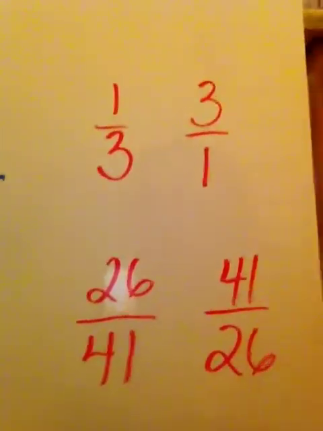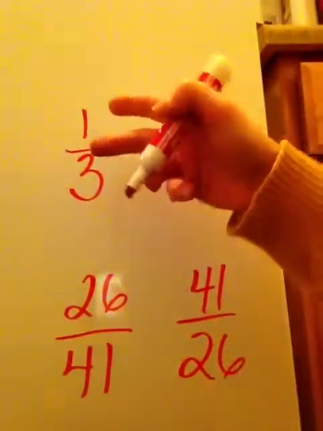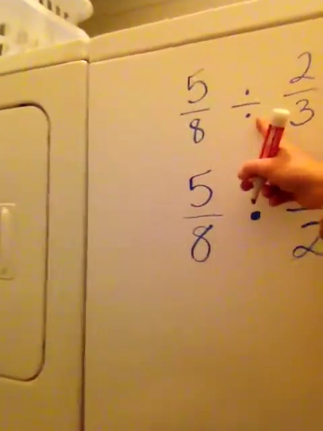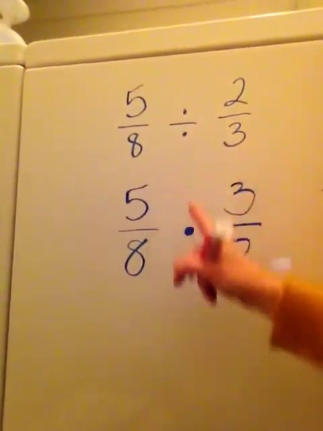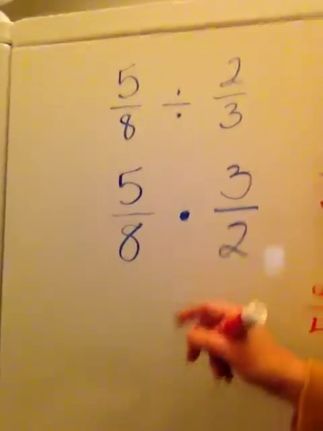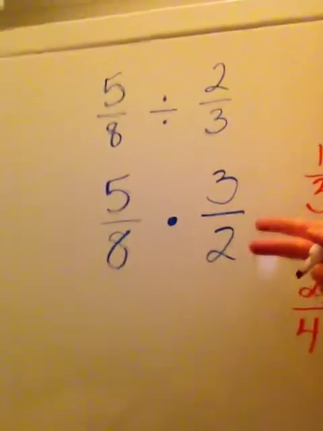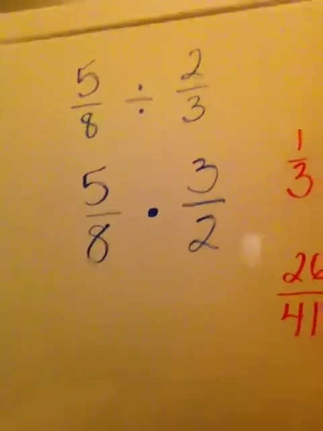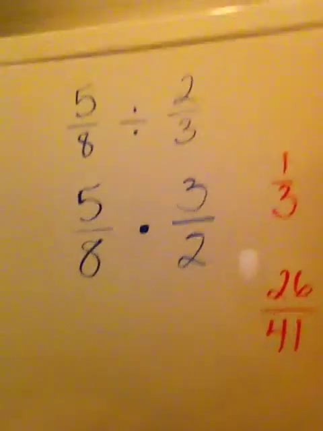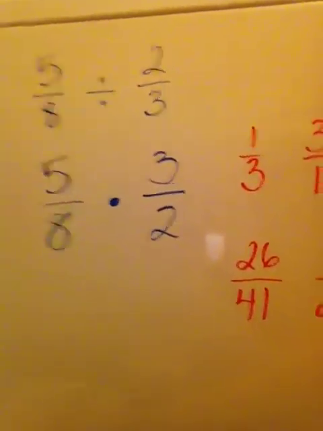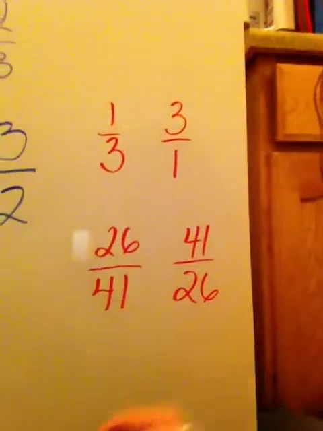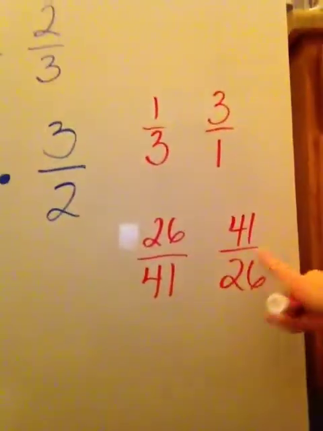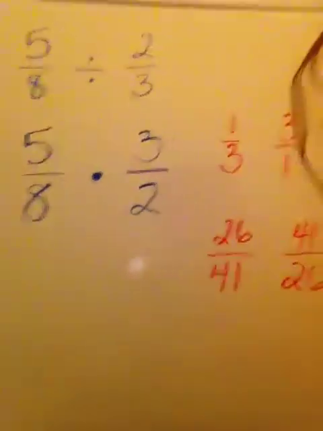All I'm trying to show you is what a reciprocal is. So when we say we change the division to multiplication, and we change it to timesing by the reciprocal, what I mean by reciprocal, that's just a vocabulary word, is the flip of the fraction. Okay, so these are all reciprocals of each other. This is a reciprocal of that, and this is the reciprocal of that. Okay?